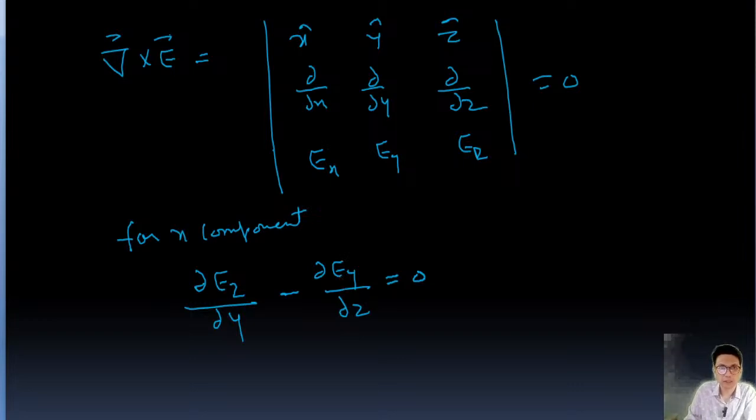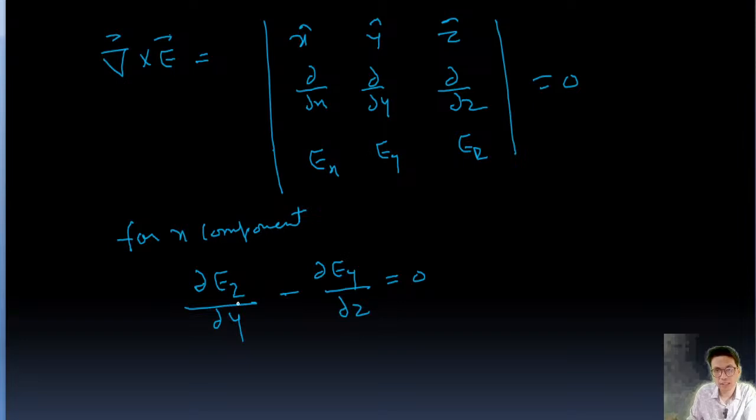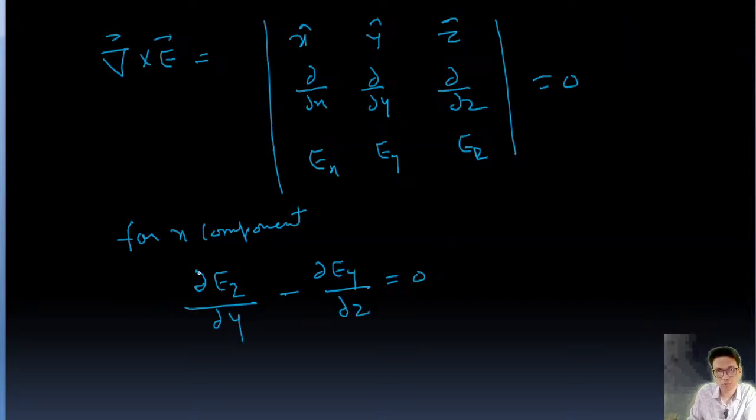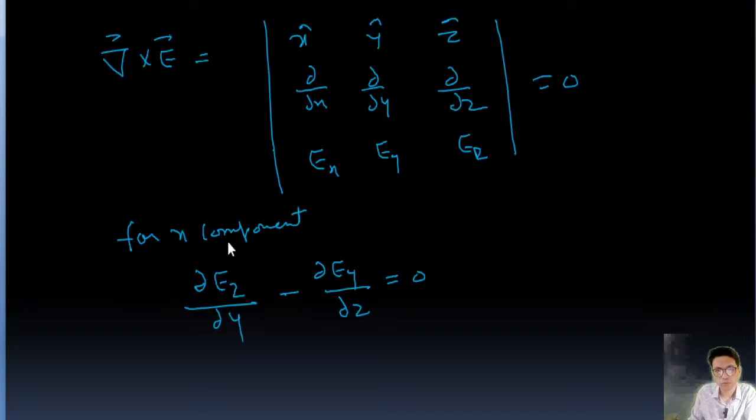Now we can differentiate it. We have Ez, and del Ez upon del y means we differentiate with respect to y, so only this component will remain, B32.